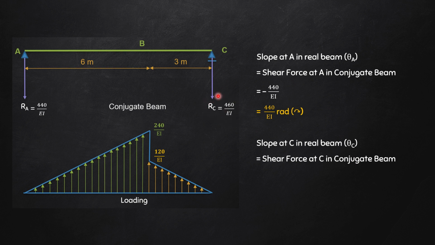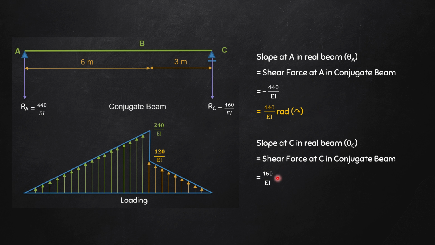But just see that when we consider this, I'll have to consider this as right of the section, isn't it? I have to consider the shear force of right of the section. Now, as far as the sign convention of shear force goes, right of section downward forces are taken as positive. So here directly I can write the shear force at C in conjugate beam will be plus 460 divided by EI.